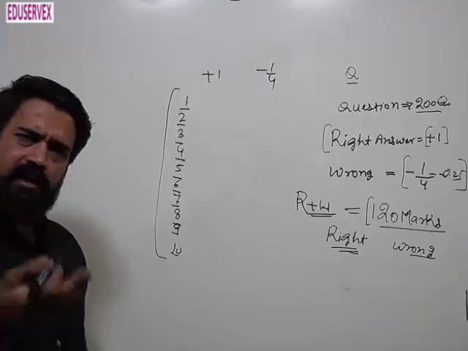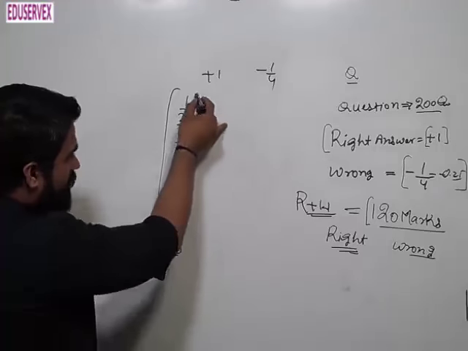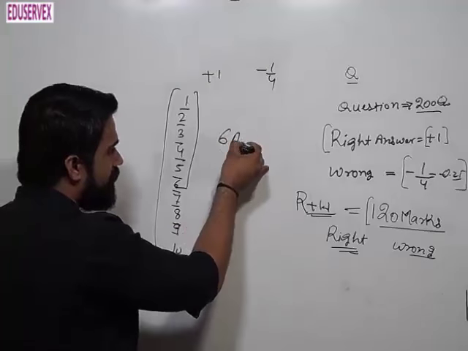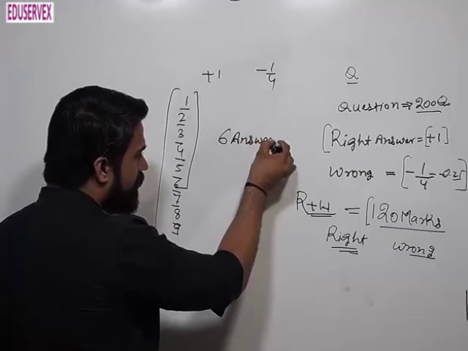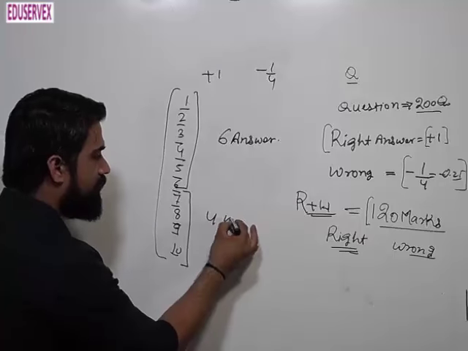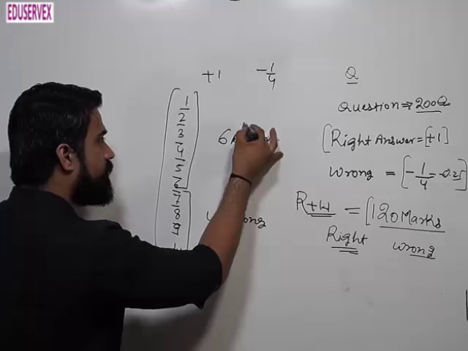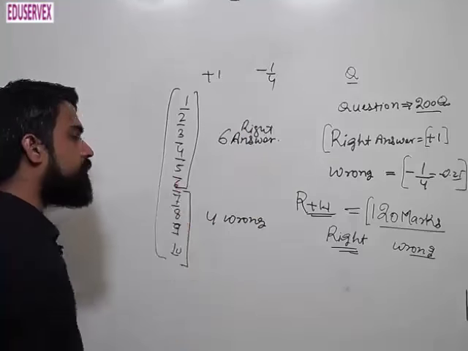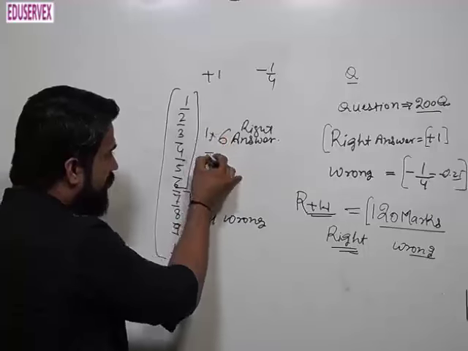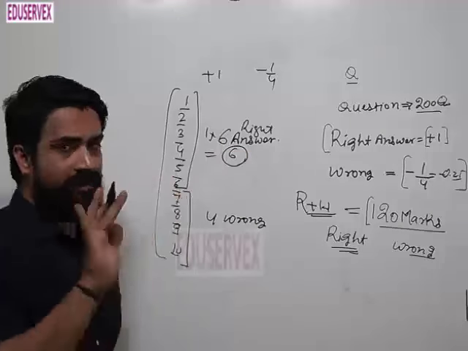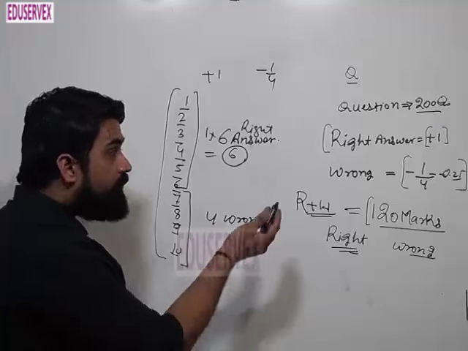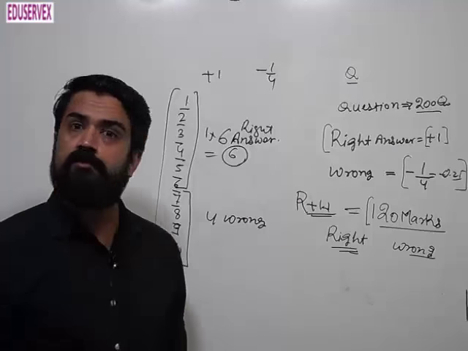If a student gave 6 right answers and 4 wrong answers, then with +1 he scored 6 marks. But for every wrong answer he gets -1/4.